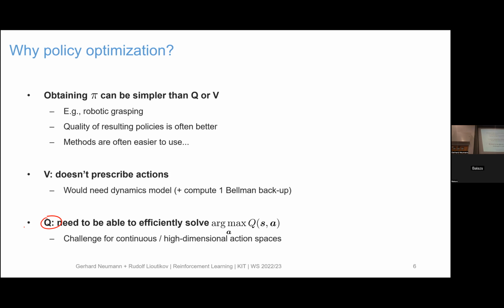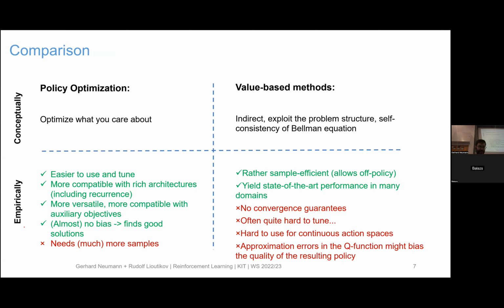But for example, for things like grasping in robotics, it's sometimes really easier to learn what the policy should do, in contrast to learning a function that says how good a certain configuration of my hand is, which is sometimes quite hard to do. So it really depends on the task which kind of method works better.